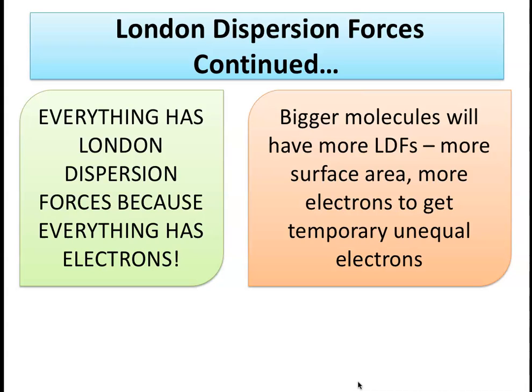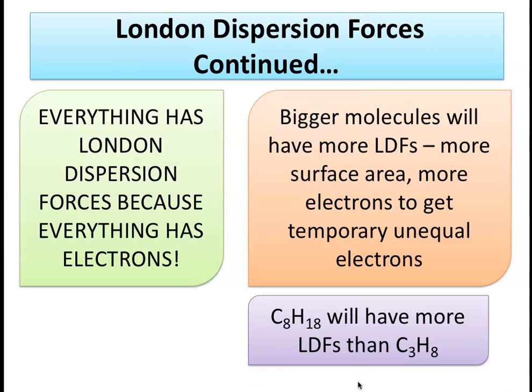There's more electrons that can move around to invariably give you that temporary unequal distribution. For example, C8H18 will have more or stronger London dispersion force than C3H8. It's bigger. It has more electrons available.